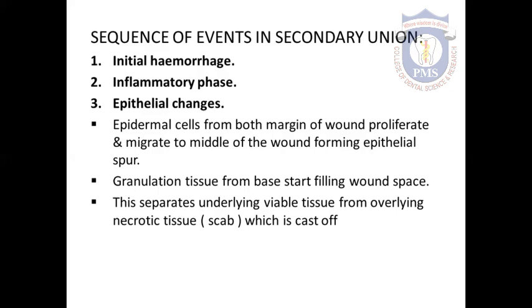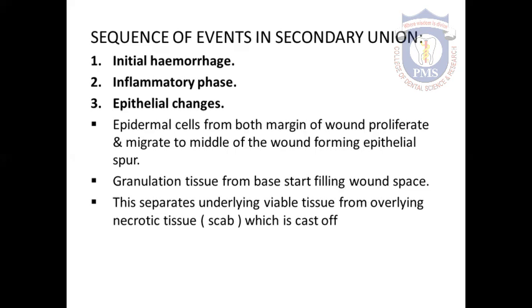Now coming to the epithelial changes, the epidermal cells or the basal epithelial cells from both margins of the wound will proliferate and migrate to the middle of the wound, forming an epithelial spur, similar to what has happened in the primary union. But since the wound is large, this epithelial spur formation alone cannot fill the wound space or separate the wound from the underlying dermis.